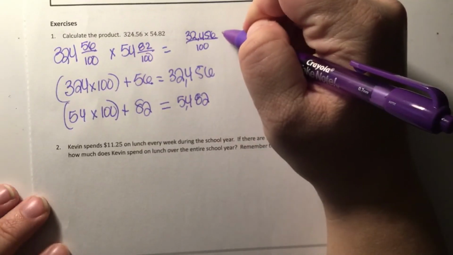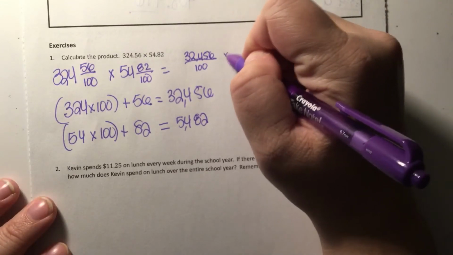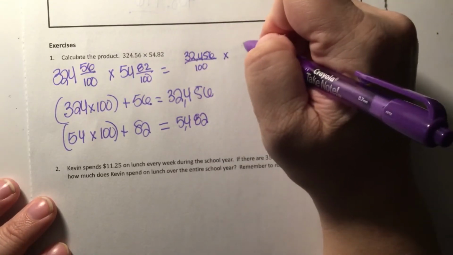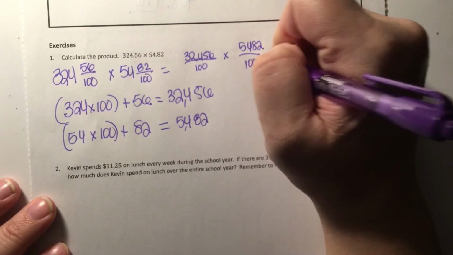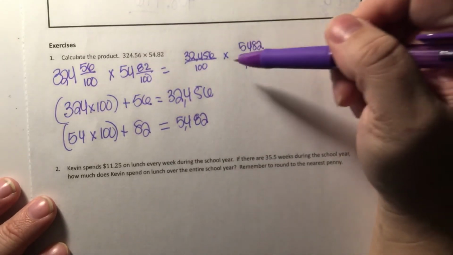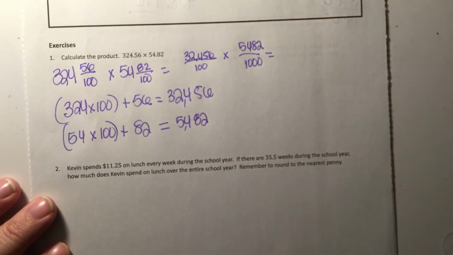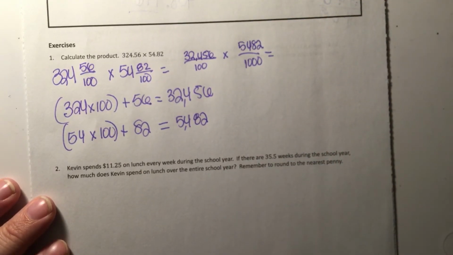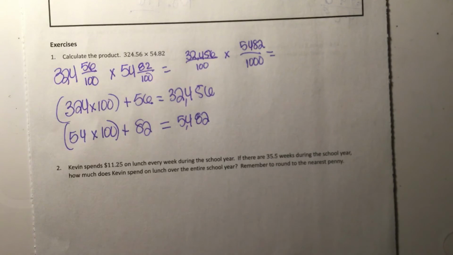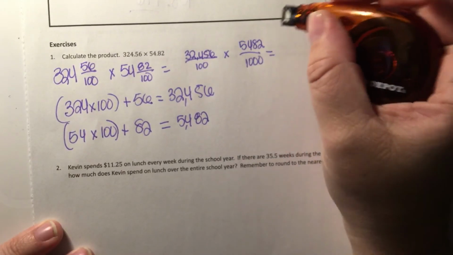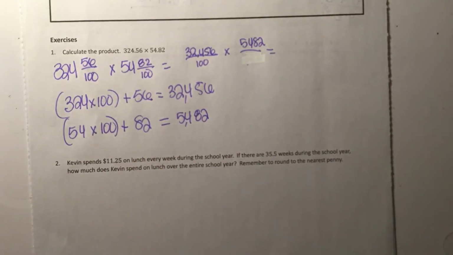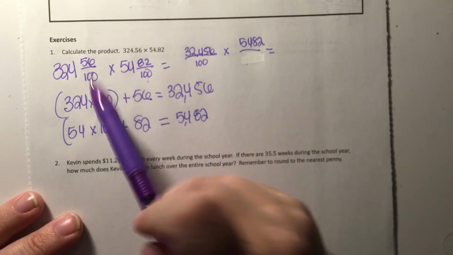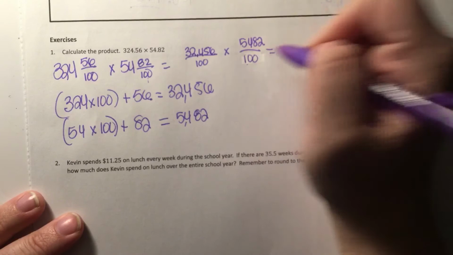And we're multiplying it, oh, these numbers are getting so big, times 5,482 over 100. Ooh, I think we might have hundredths again. I wrote an extra 0, so I guess just rewrite it all. It's 100 and 100. I need to follow my own writing.